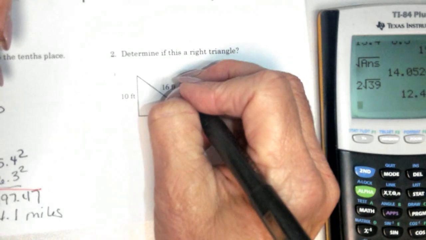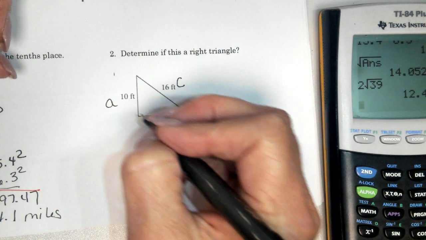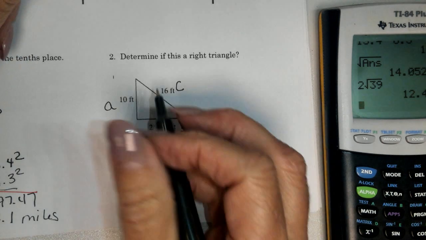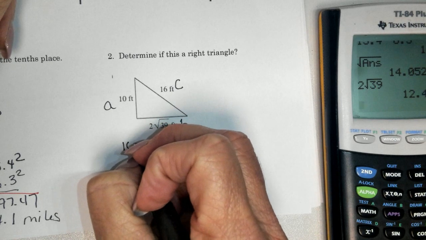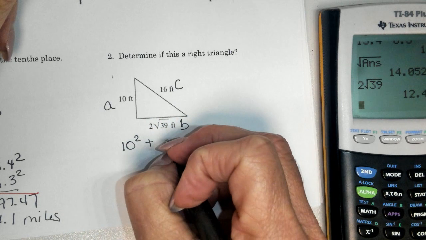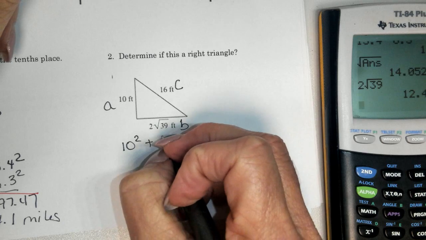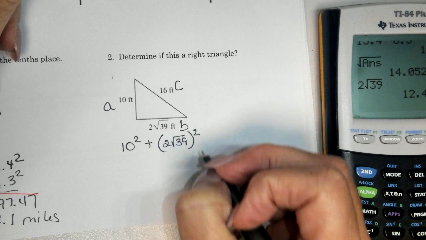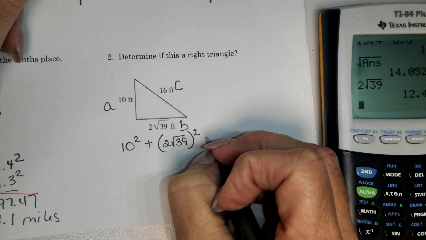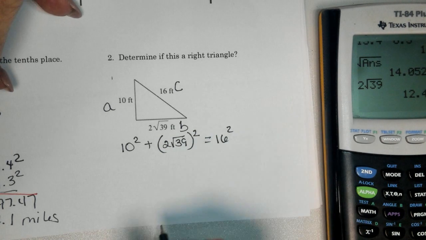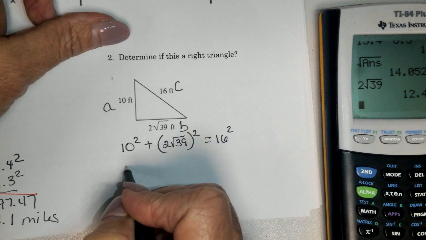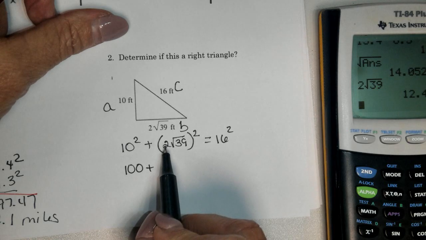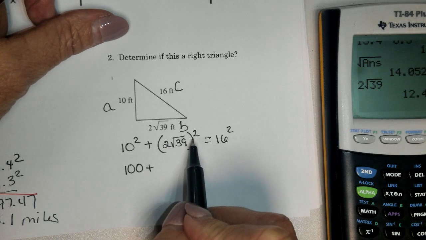So we're going to use it as side C, and we're going to use these two sides as our legs for A and B. So we're just going to go ahead and say is 10 squared plus 2 root 39, and we have to put that entire expression into parentheses to square it, is equal to 16 squared. Well, I know 10 squared is 100. 2 squared is 4, and the square root of 39 squared is 39.